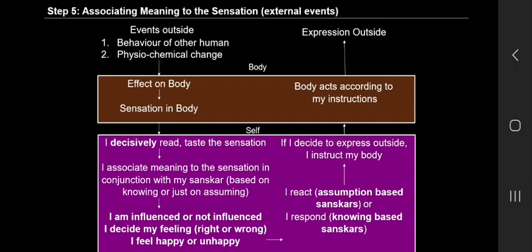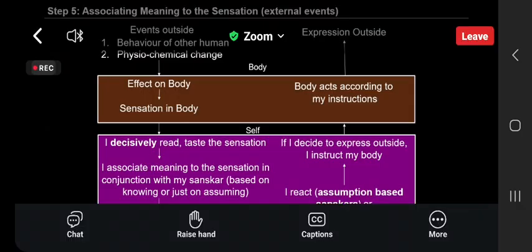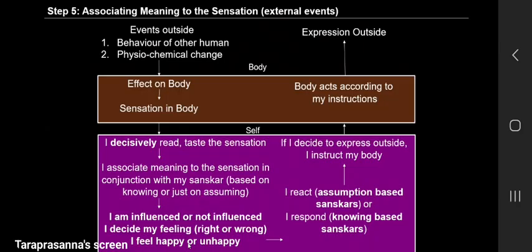So if I sum up all these things, in one line we are saying that I exist, body exists, and there is a physiochemical change in body. I have choice to read it. Once I decide to read it, I read it in association with my sanskar.